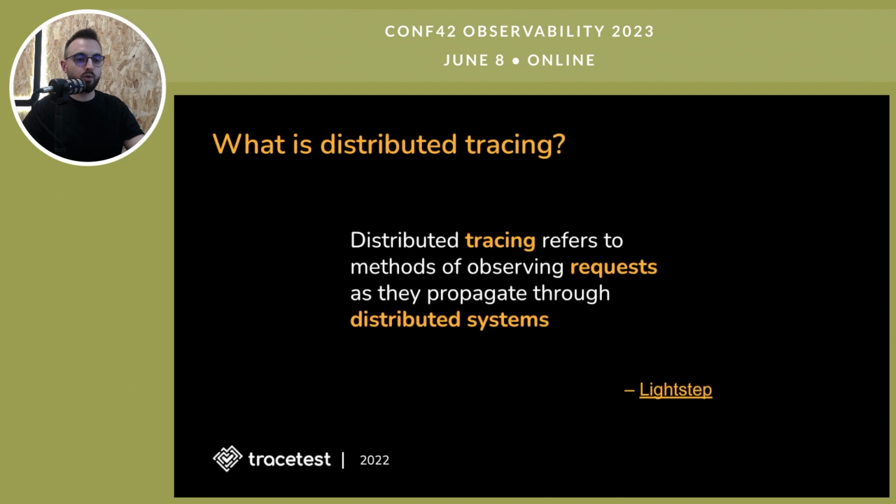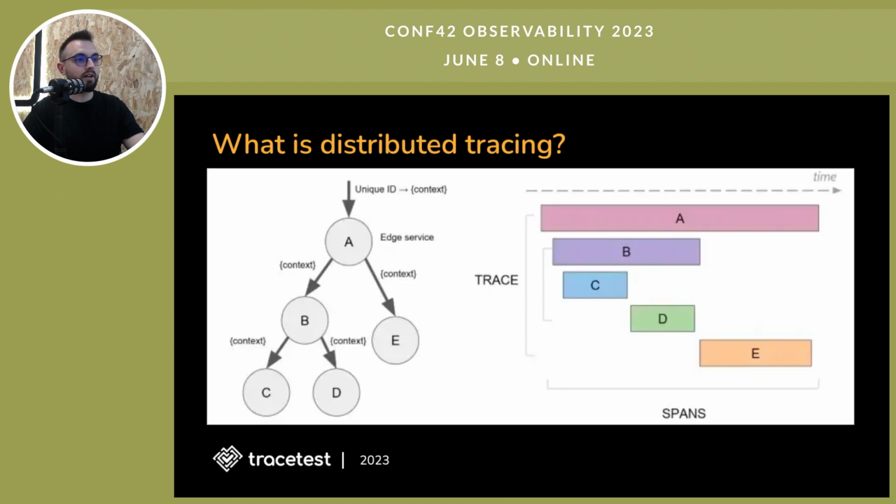So to get a quick intro into distributed tracing: distributed tracing refers to methods of observing requests as they propagate through distributed systems. This is a really nice definition by Lightstep, and I agree with it 100%. Now, a visual representation, I think, is a better way of explaining it: a distributed trace records the paths an HTTP request takes as it goes through your system, as it propagates through APIs, microservices, and so on.